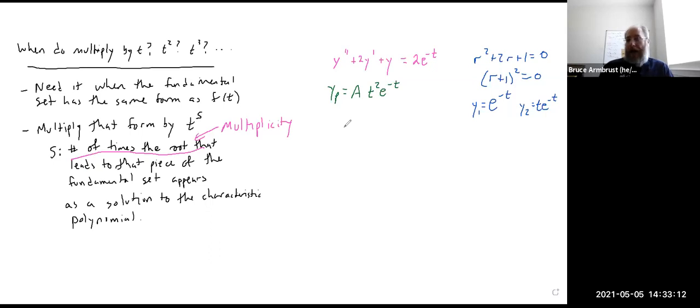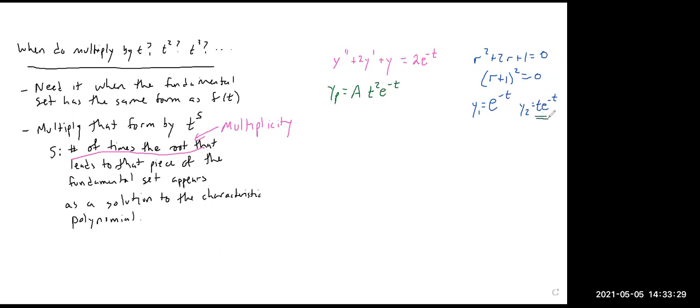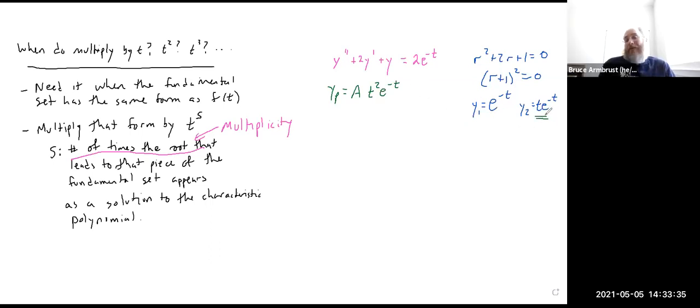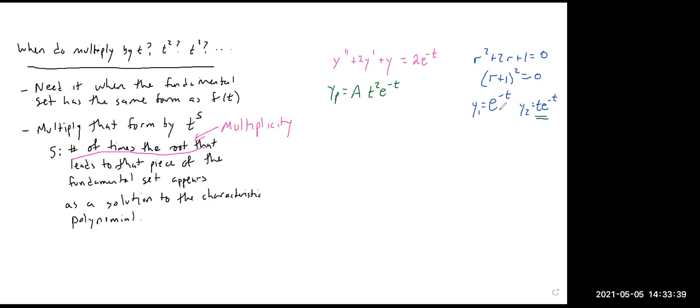And hopefully you see why it has to be a t squared. What would have happened if I had just guessed t times e to the minus t? We would have gotten linearly dependent sets of both of them. You come back to this and you go, well, crap, it's already in that. That's going to lead to the 0 as well. And it's just part of the fundamental set anyway.